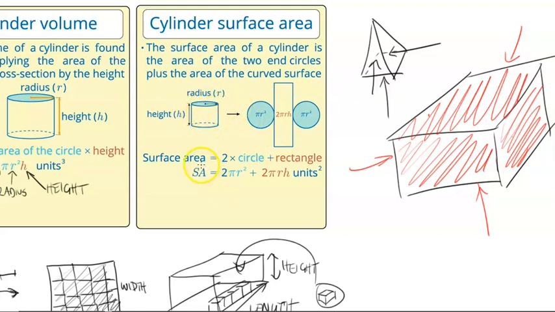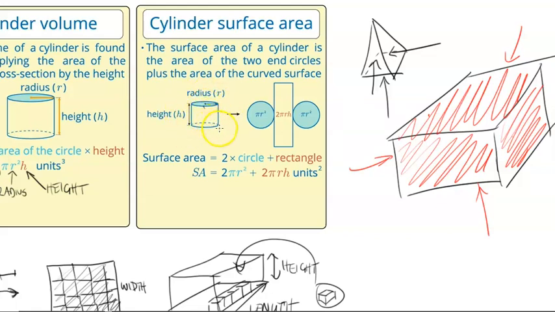So imagine if you had that same toilet roll, and you cut a line straight down the middle, and you stretched it out, you'll end up getting a rectangle. And the rectangle will have the dimensions of length times width. But in this case, it will be the circumference of the circle. That will be the length, and the width would just be whatever the height is.